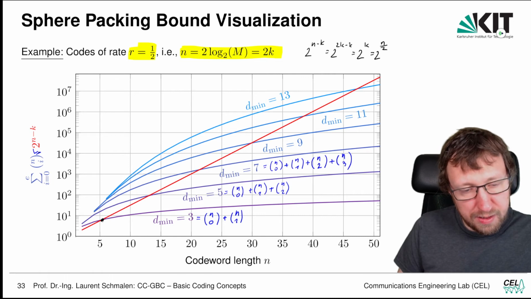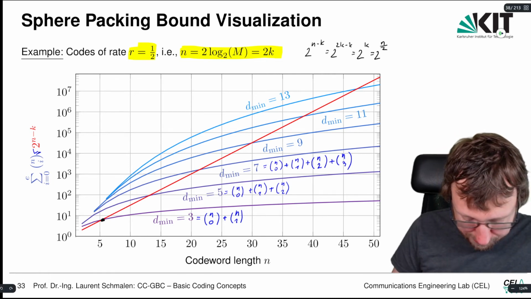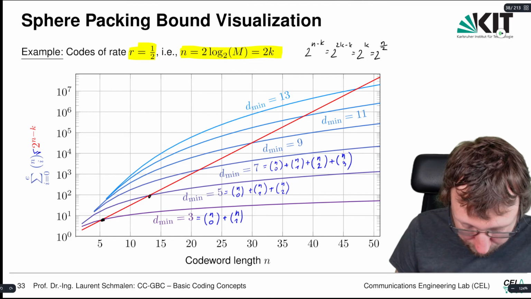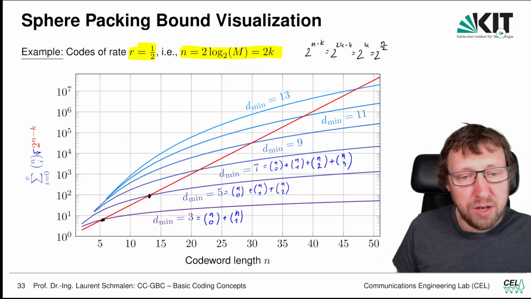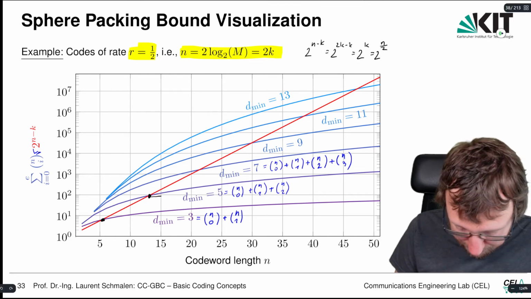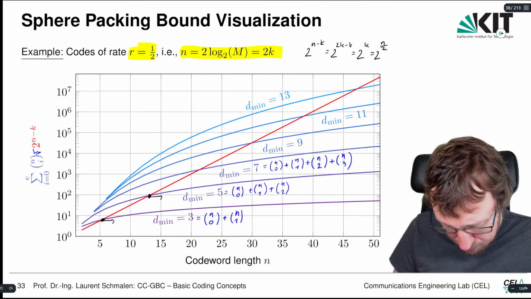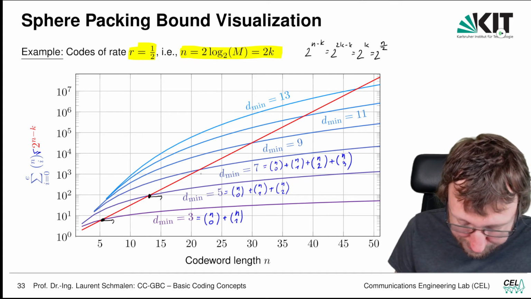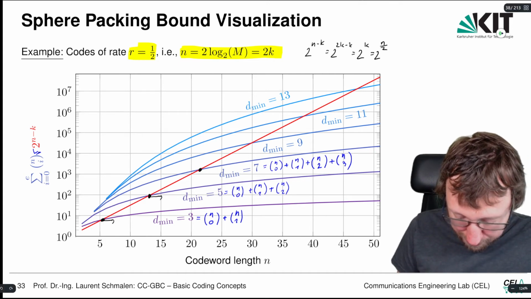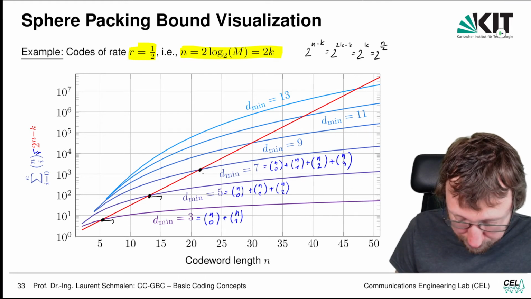So we need to be here at 6. Then for d min of 5, if we want to correct 2 errors, n should be larger than, this is roughly 13. Then for minimum distance of 7, n should be larger than 23.